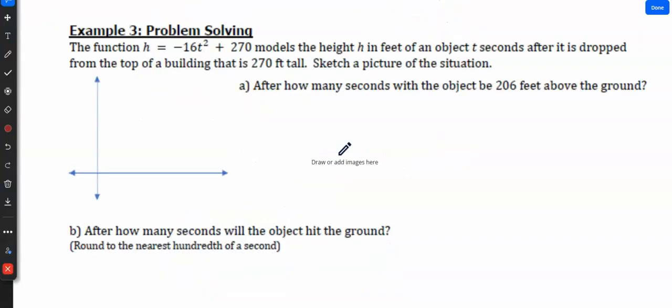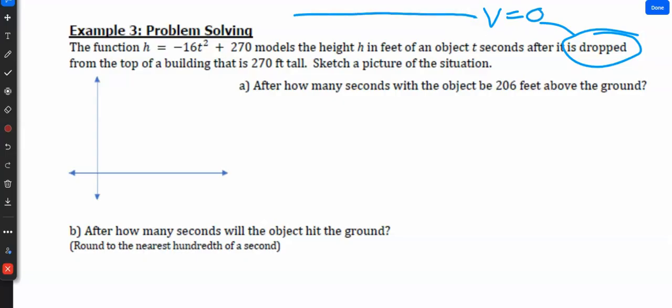Okay, example 3, problem solving. We are back to the object being launched kind of questions, but something critical is happening here. The object is being dropped, which I mentioned in class previously. That automatically tells me that the middle term v equals 0.